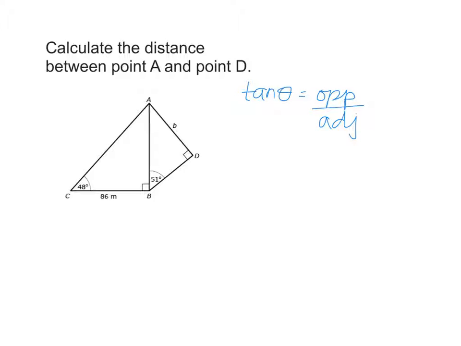The reason is it's the opposite side, and I know the adjacent. So I'll do tangent of 48 equals opposite, which is that side AB that we're trying to find, over the adjacent, which is 86. So side AB is going to be equal to 86 times the tangent of 48.